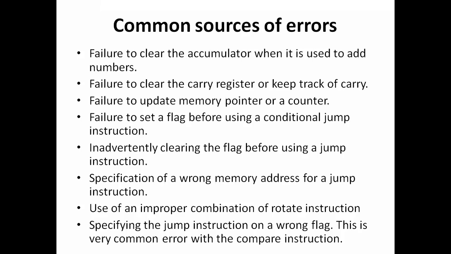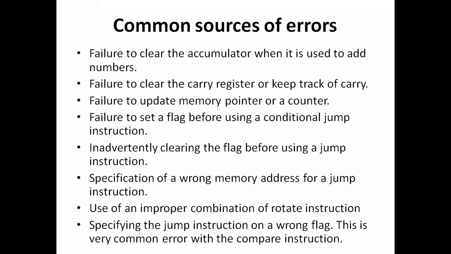The fourth source of error is the failure to set a flag before using a conditional jump instruction. You may use a conditional jump instruction at a certain place in your program without having used any arithmetic or logic operation due to which the flags are set or reset.